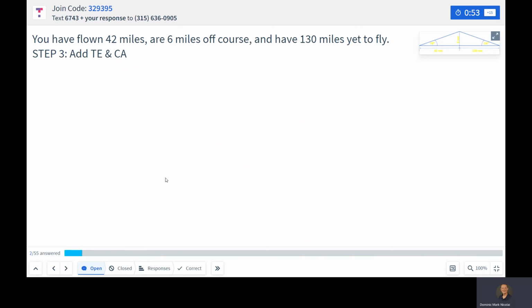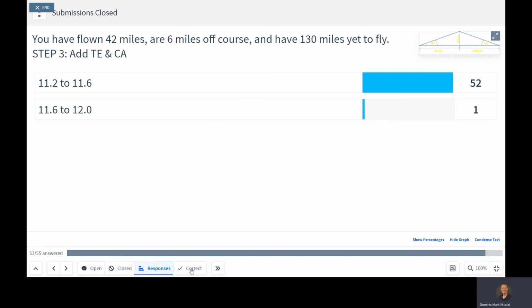Track error plus closing angle equals total heading change. Okay, 11.4 is the correct answer.